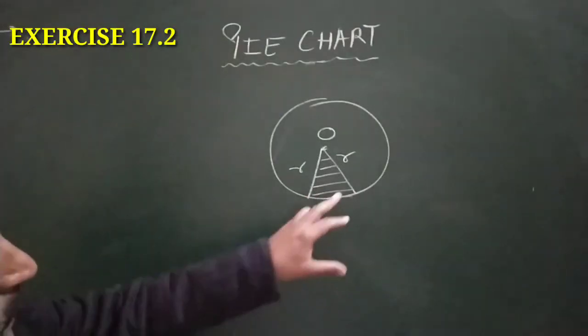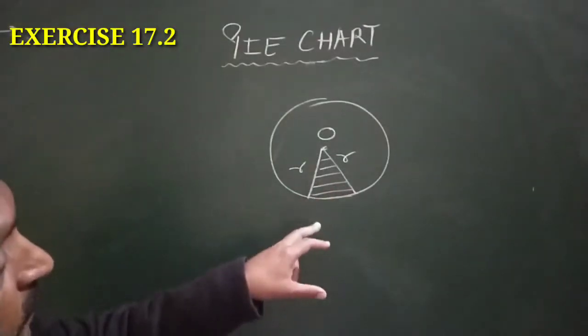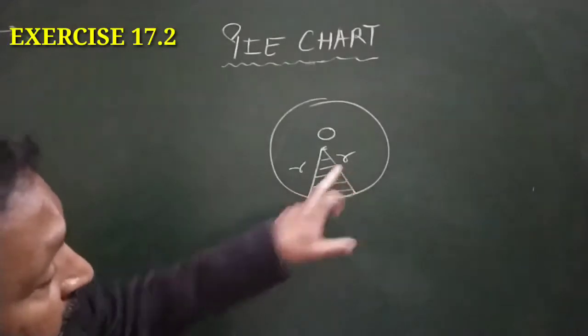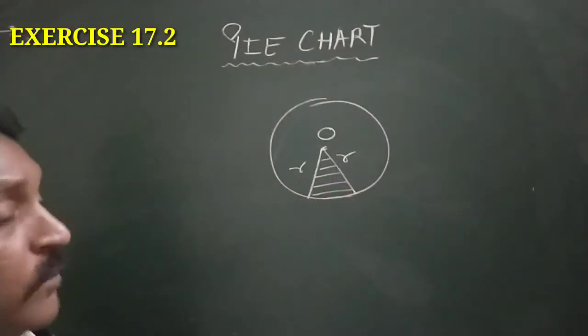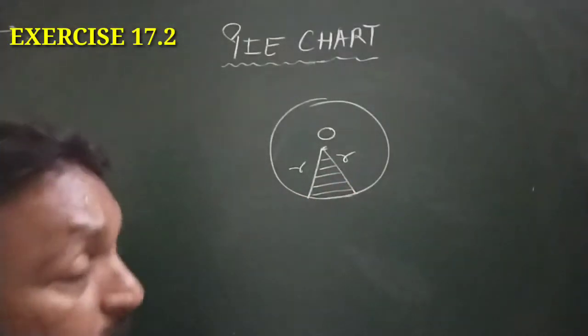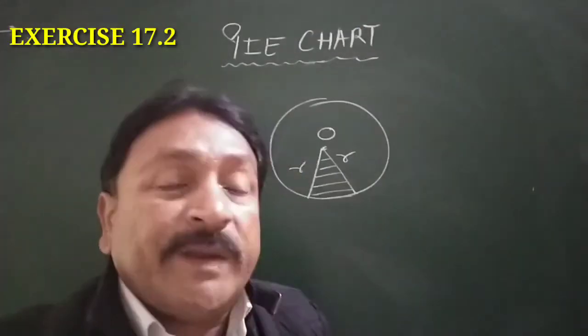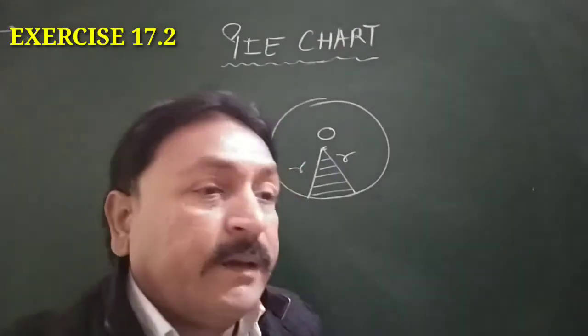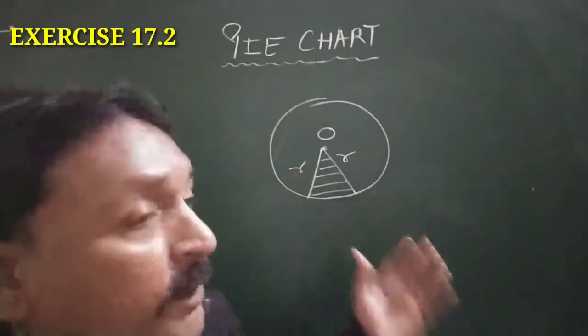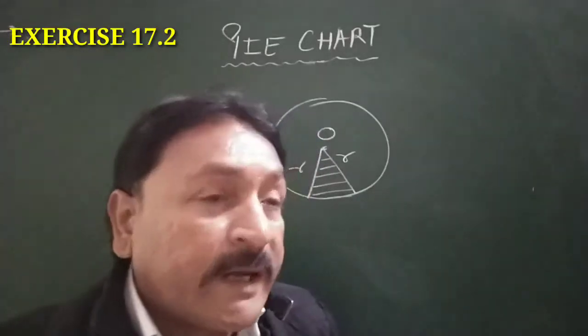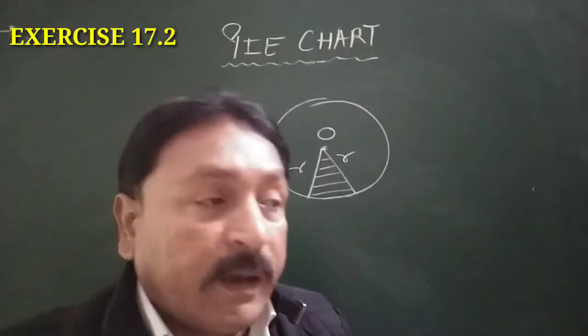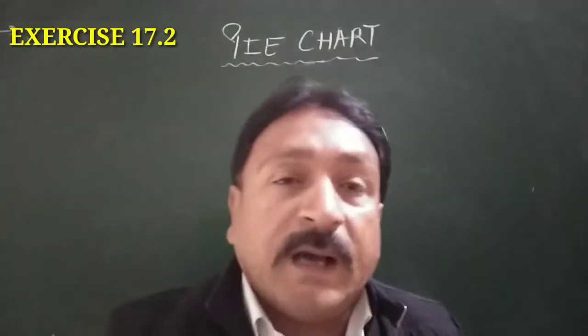Means the area which is covered between two radii and this arc of the circle is called the sector of the circle. So in the formation of the pie chart we will represent the data by the sectors of the circle. Let us see now by the help of an example what the process is.